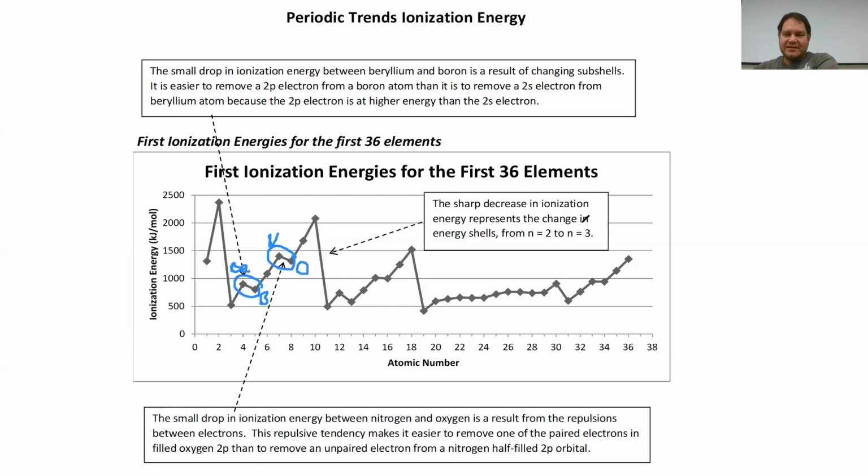So let me do this. I'm going to go forward a little bit here, and I'm going to draw a diagram to show you what's going on with those drops.